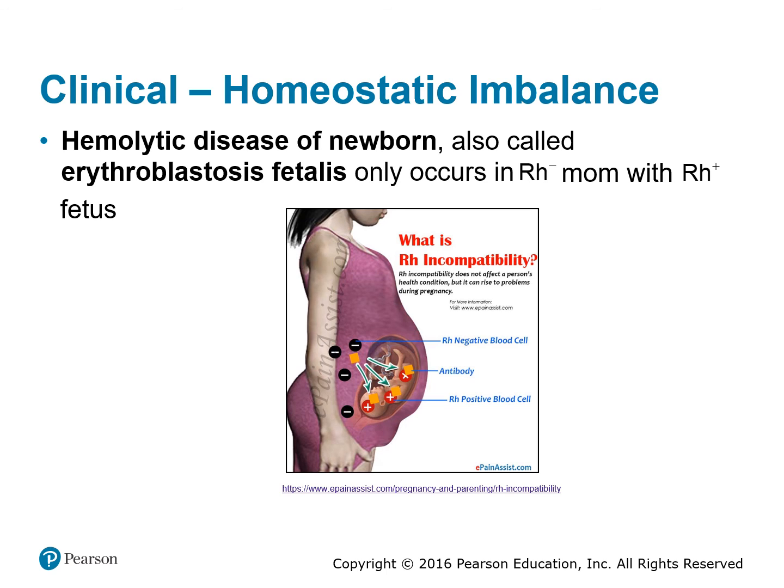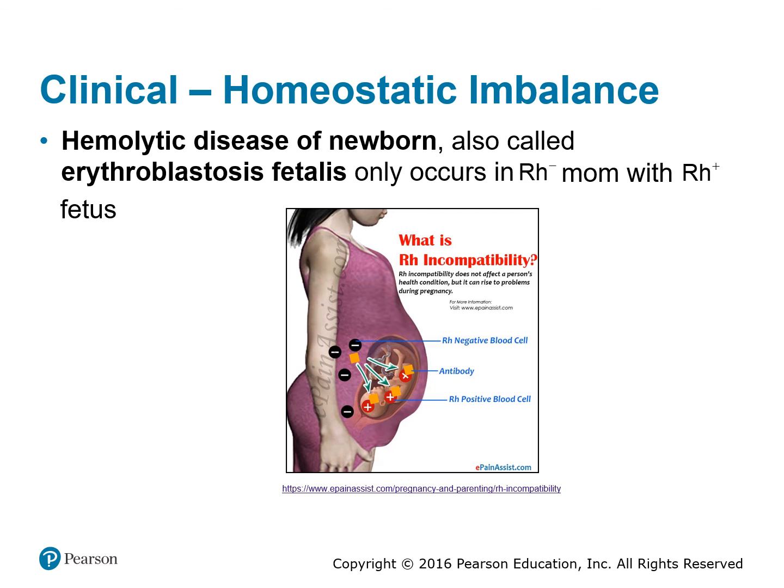As I mentioned, Rh incompatibility can cause many problems during pregnancy and can result in a condition known as hemolytic disease of the newborn, also known as erythroblastosis fetalis. And this occurs in Rh negative moms with Rh positive fetuses. So during the first pregnancy, the Rh negative mom is exposed to the Rh positive blood of the fetus during delivery.